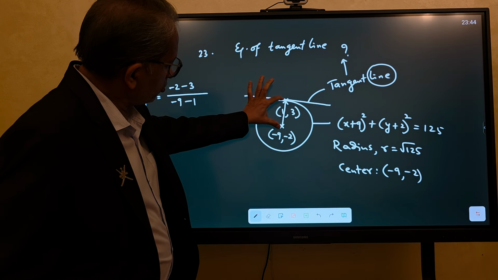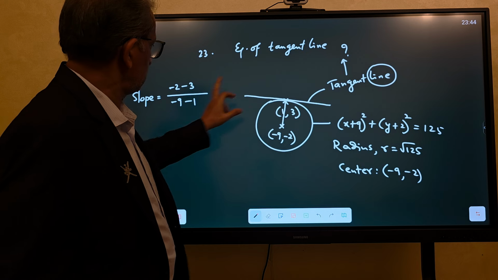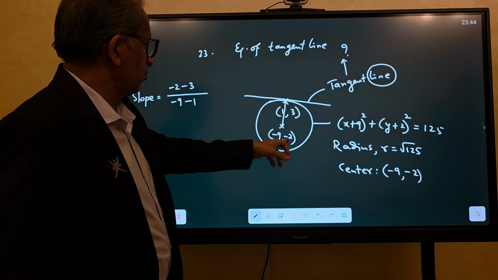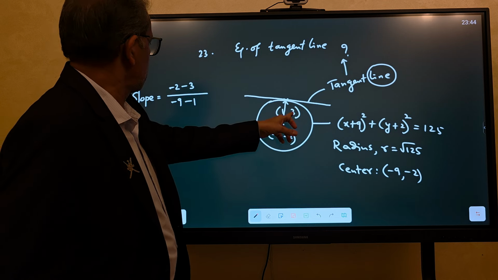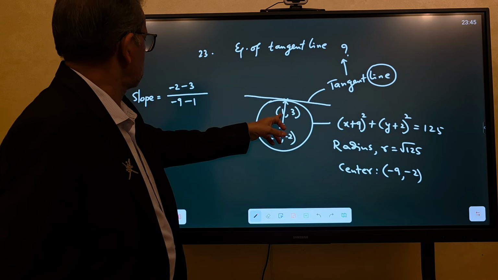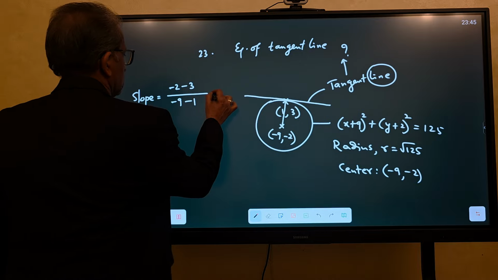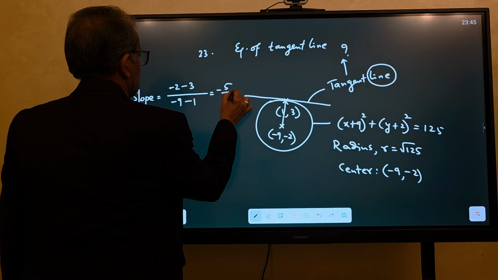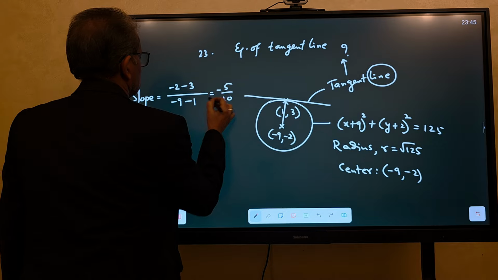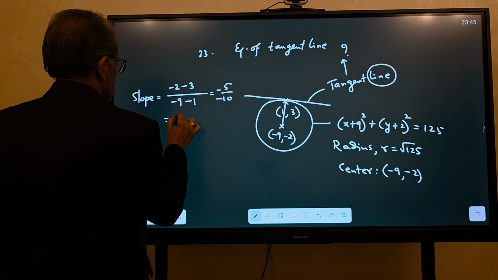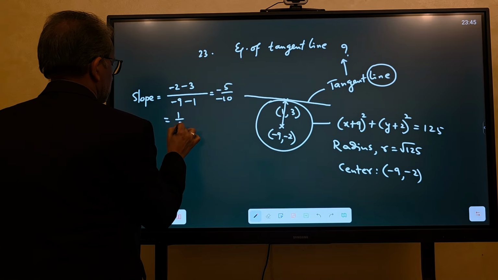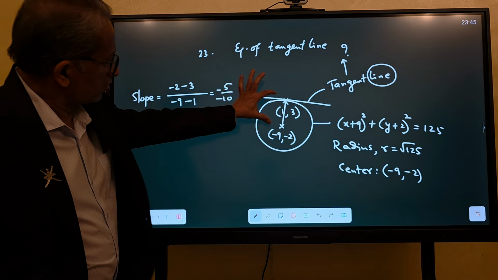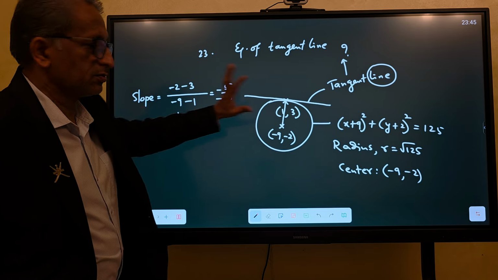I am finding the slope of this line. So the y coordinate is minus 2 minus 3, the x coordinate is minus 9 minus 1. So it is minus 5 by minus 10, right? The minus cancels, 5 cancels, and it is 1 by 2. The slope of this line is 1 by 2.